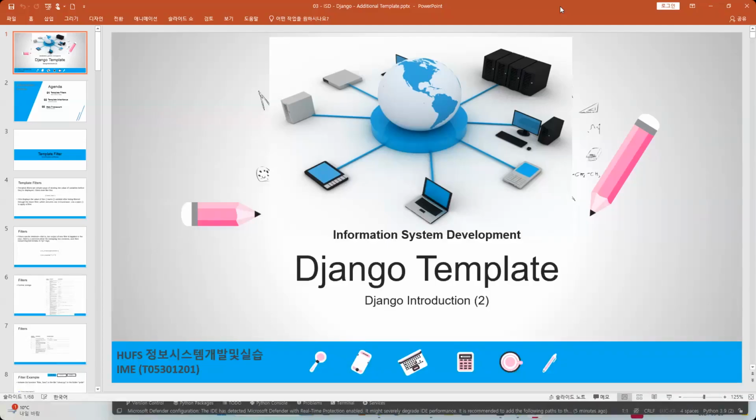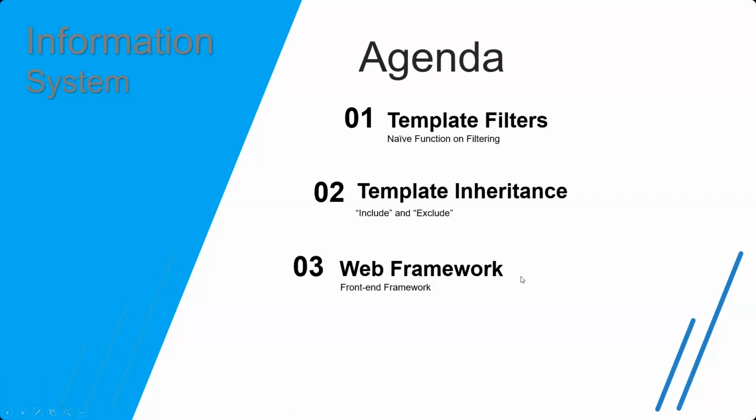Last week we learned about the Django template and it was the basic template. So today we are going to learn more about the template which is good for creating a website. So we are going to learn about the template filters.